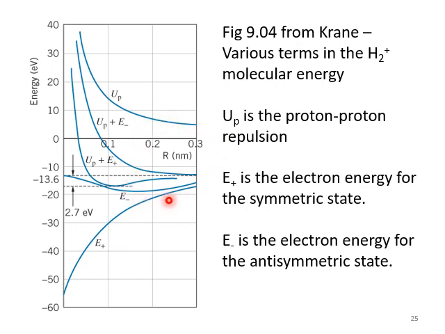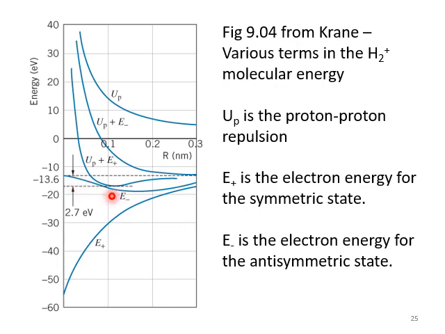This calculation here actually is just that linear combination of atomic orbitals approximation. But it turns out to be pretty good. When we measure that binding energy, it's pretty close to 2.7 electron volts. So that linear combination approximation works pretty well.